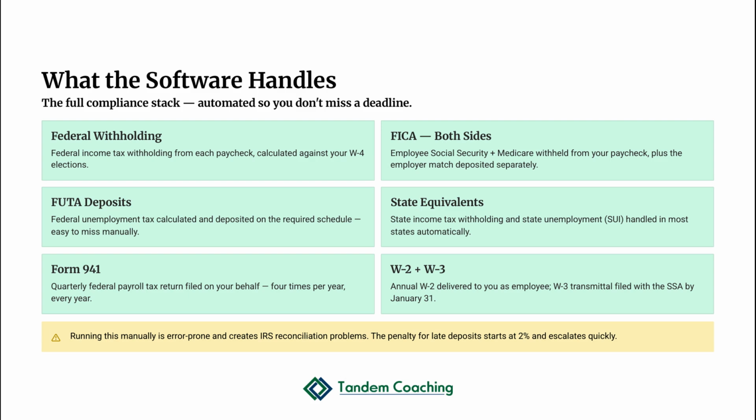What the software actually handles is a longer list than coaches expect. Federal income tax withholding from your paycheck, employee FICA, Social Security plus Medicare, withheld and deposited, employer FICA match, deposited from the company's account, FUTA, the federal unemployment tax, state income tax withholding in most states, state unemployment insurance called SUTA in most states, quarterly Form 941 filings for the federal payroll tax obligation, annual W-2 issued to you as the employee, annual W-3 transmitted to the Social Security Administration.